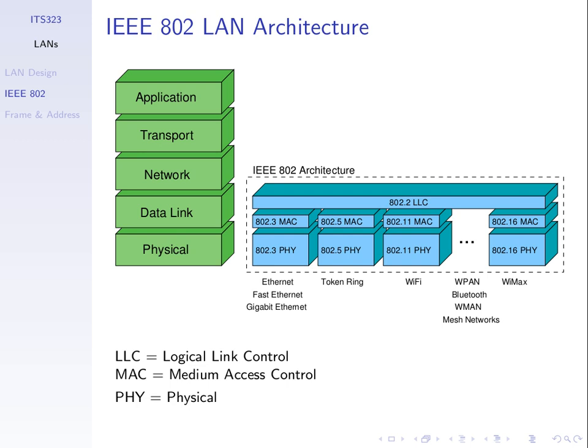So 11b had a maximum data rate of 11 megabits per second, g went up to 54 megabits per second, n even more. They are physical layer standards. They've been improved over time. As the technologies get better, they come up with variations. And there's also a medium access control standard, which is normally common.